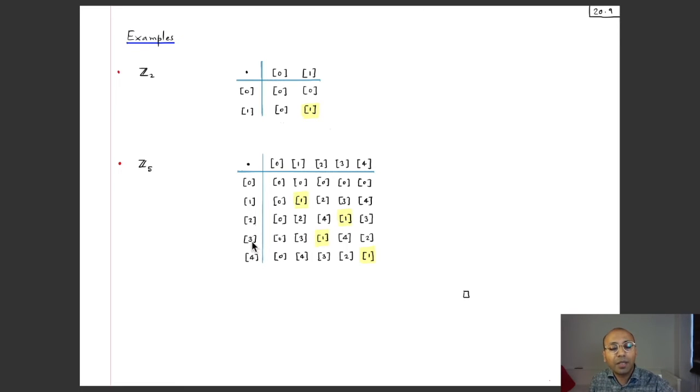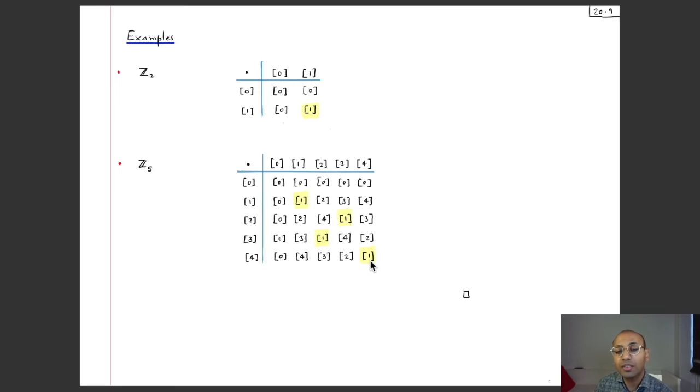Similarly, since multiplication is commutative, the multiplicative inverse for this element is the equivalence class containing 2, because the product of these two is the multiplicative identity as well. And the multiplicative inverse of this non-zero element is itself, because the product of these two will be the equivalence class containing 16, which is the same as the equivalence class containing 1.